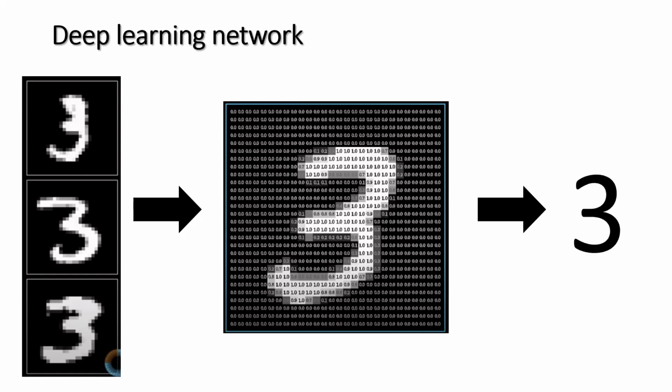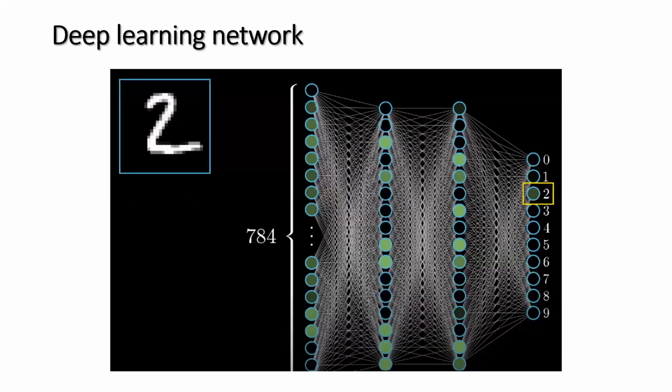And it is able to know that this is a 3, and also this is a 3 and this is a 3. So by showing a computer many examples of something that is one value, it will learn to recognize different versions of this, even if the values are very different.